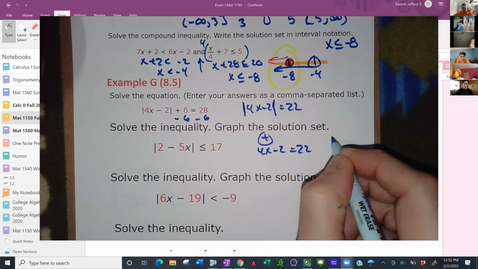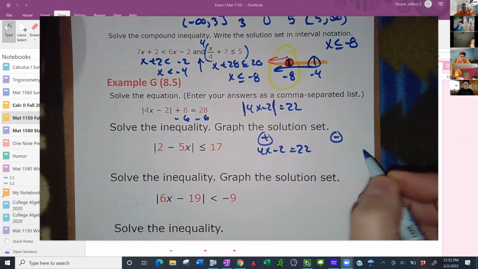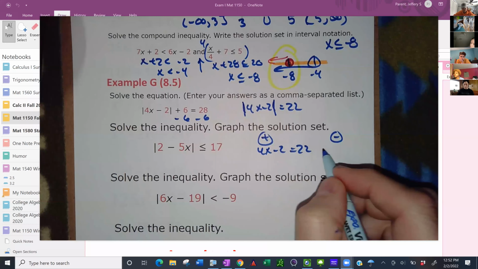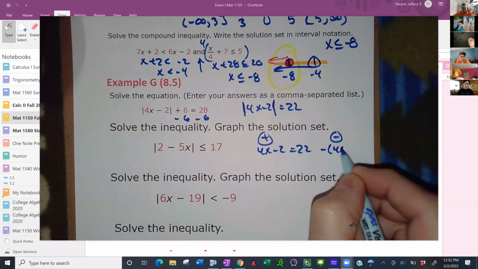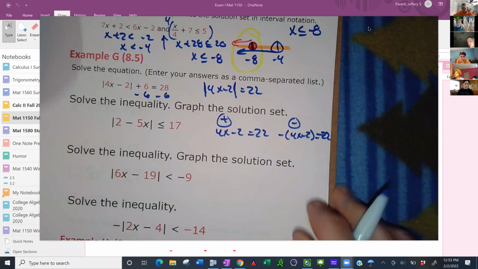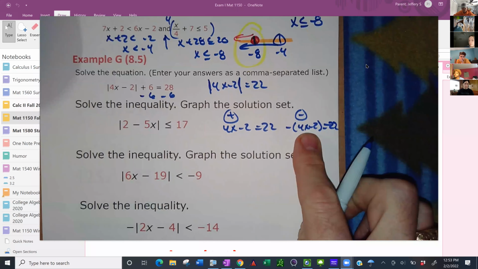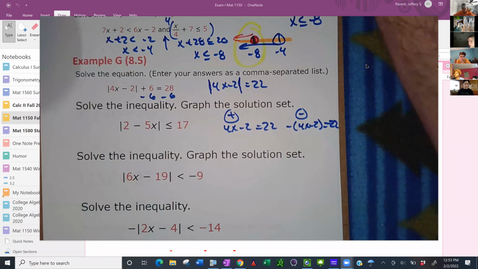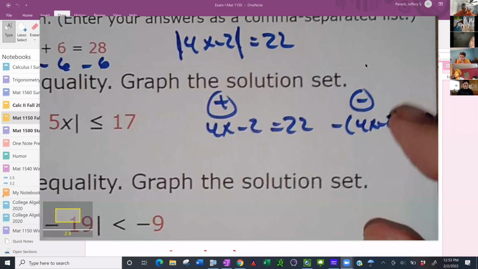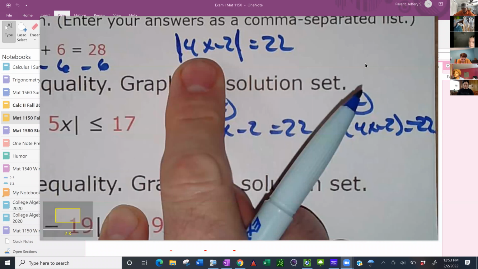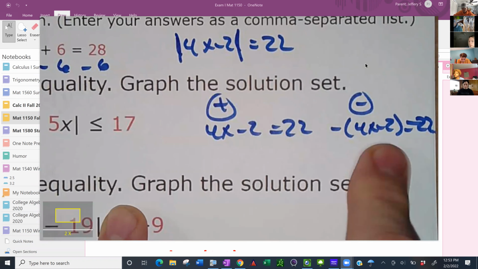The negative case is the negative of 4x minus 2. So what you're doing on that negative case is basically you're just taking this expression and putting a negative outside it in parentheses.